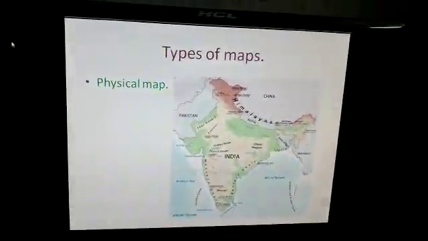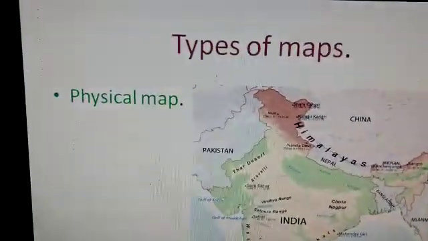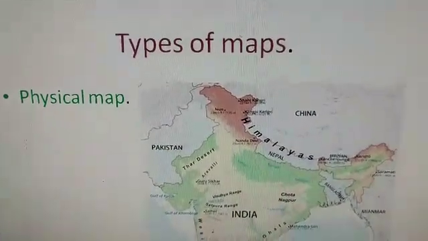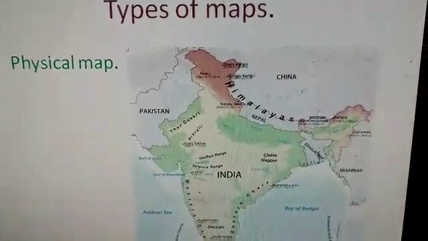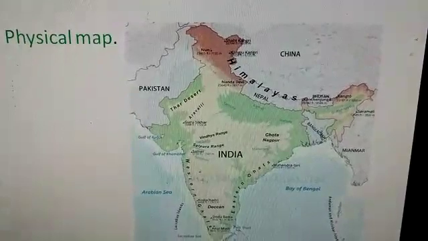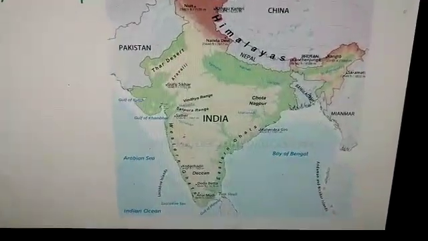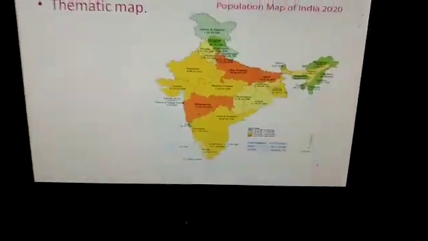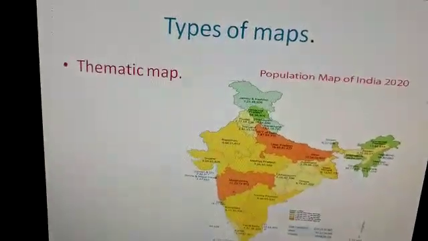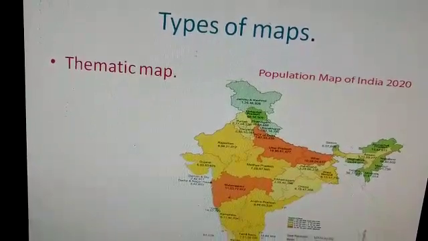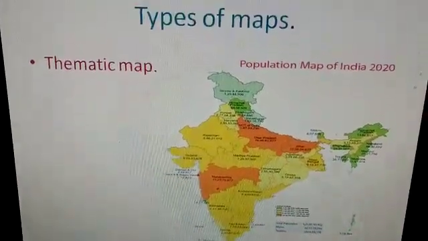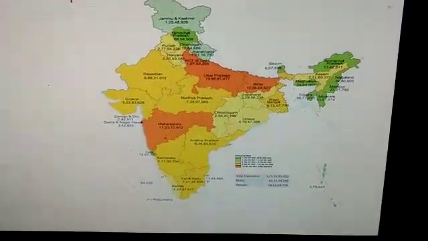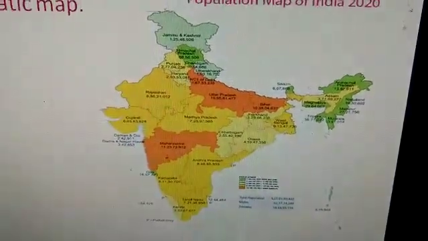See the physical map. It contains the relief features like the Himalayas, mountain ranges, the Thar desert, plateau regions, coastal plains, northern plains, etc. Next, thematic maps. This is the picture of a thematic map of the population of India 2020.